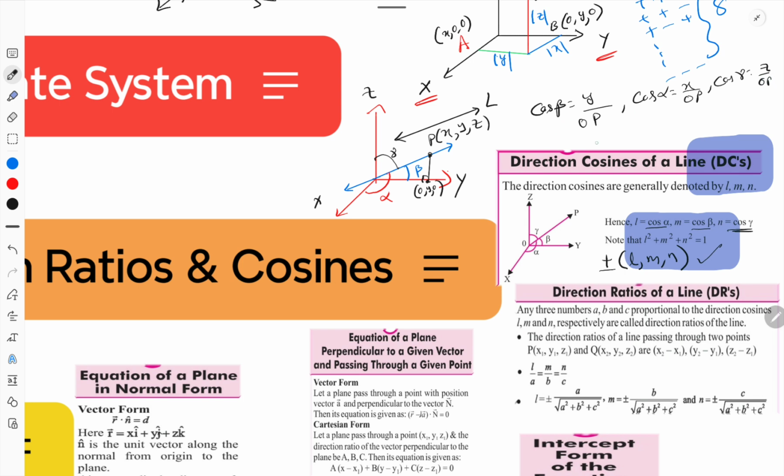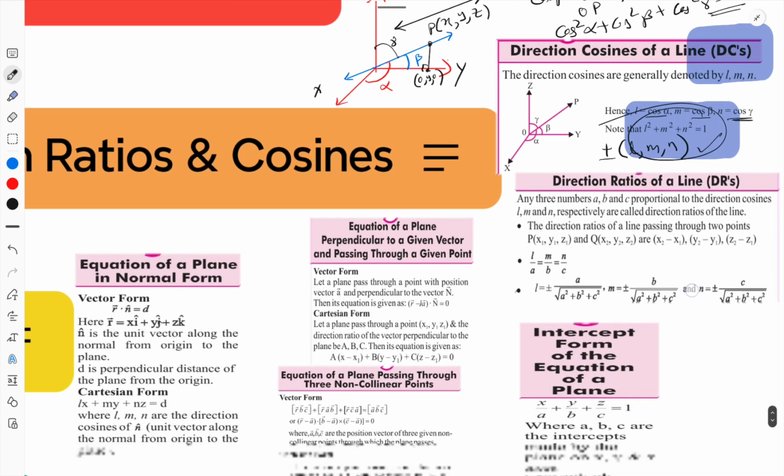If you square each of them and add, cos square alpha plus cos square beta plus cos square gamma would be x square plus y square plus z square by OP square, both are the same, so we get 1. So L square plus M square plus N square is always 1. If L, M, N are direction cosines of a line, then L square plus M square plus N square would always be 1.